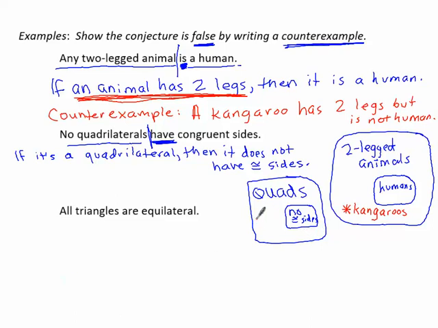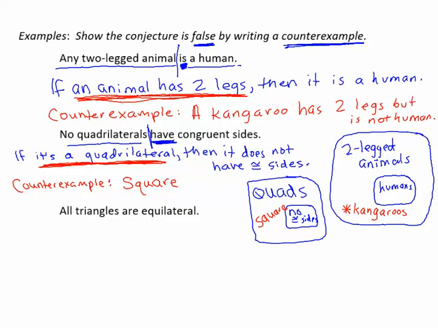We sure can. How about a square? Squares have congruent sides. So our counterexample is something that is a quadrilateral. It has four sides, but it does have congruent sides. So a square is a counterexample.